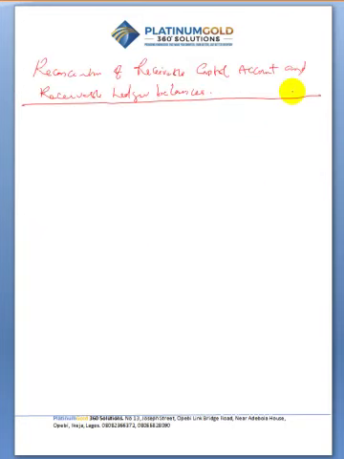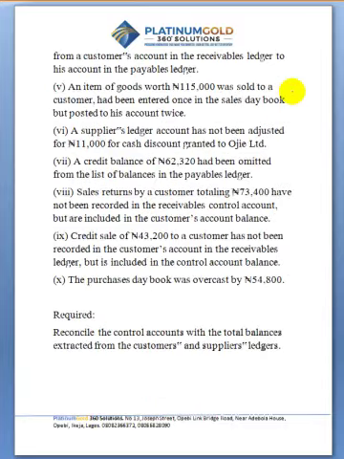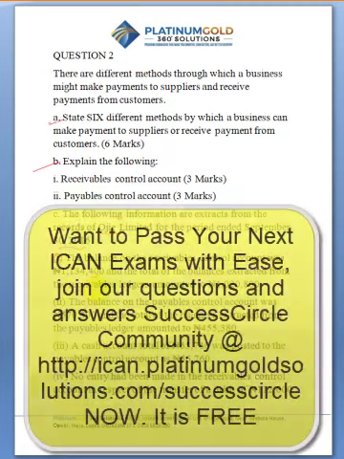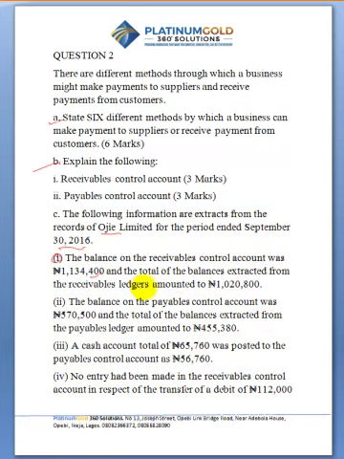Let me look at that question again. The control account was given to be this, and the total of the balances extracted from the receivable ledger. These are ledgers. It's not balanced, so we're going to look at the difference. So let's look at number 2.